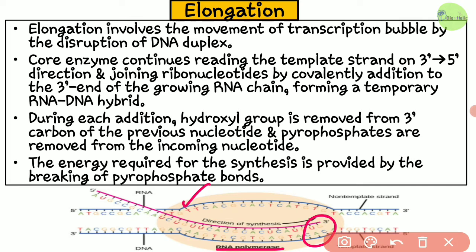During each addition, the hydroxyl group is removed from the 3' carbon of the previous nucleotide, and also the pyrophosphate, that means beta and gamma phosphates, is removed from the incoming nucleotide, and the energy required for this synthesis is provided by the breaking of the pyrophosphate bond. Okay.